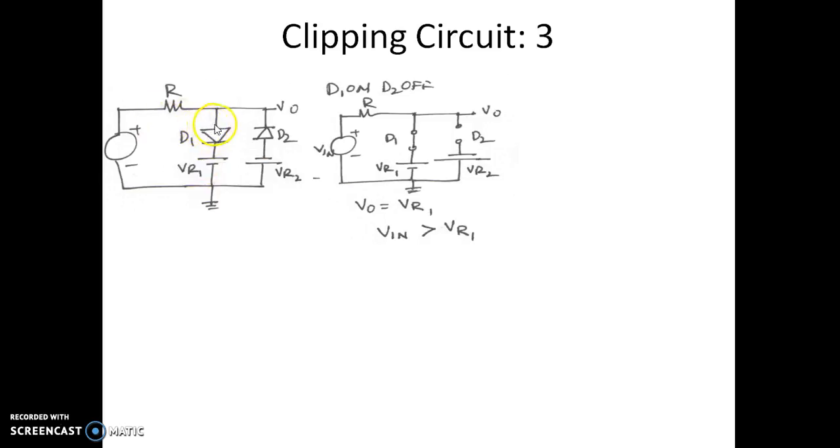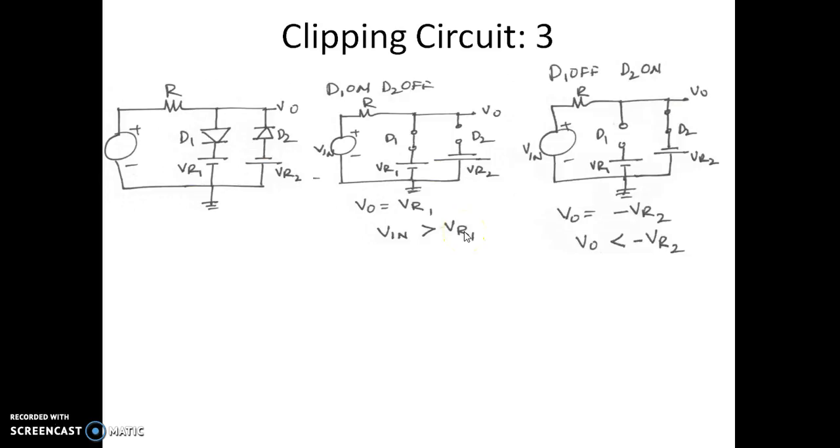When the input voltage at the P side of D1 is less than VR1, it is reverse biased, and anyhow D2 is already reverse biased, so this positive voltage on the N side of D2 is going to further reverse bias it. So it continues to be in reverse bias. So during the positive half cycle, when the input voltage exceeds VR1, diode D1 conducts. That's why it is now represented by a short circuit, for input voltage more than VR1.